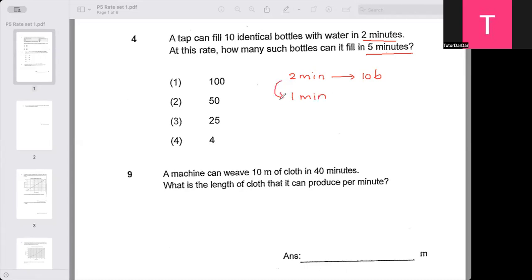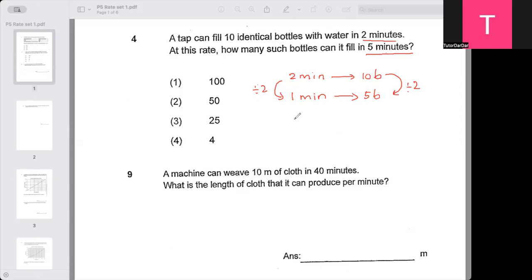So 2 become 1 means divided by 2. Why? 2 divided by 2, you get 1. So if this side is divided by 2, this side will be divided by 2 as well. So 10 divided by 2, you get 5 bottles. Now, what is it that they want?